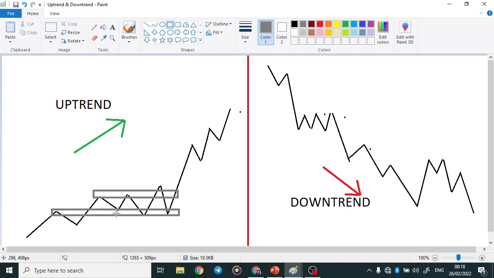You can take your trade here, but if you don't trust this structure to take your buy trade, you can wait for the market to make a new lower low and possibly hope that it comes back to test this area. So at this level right here, where the market comes back, you see, okay, now I have this level as resistance turned support, so I can take my buy trade.